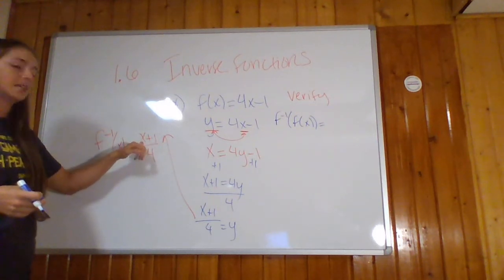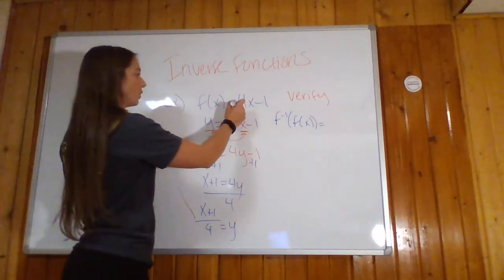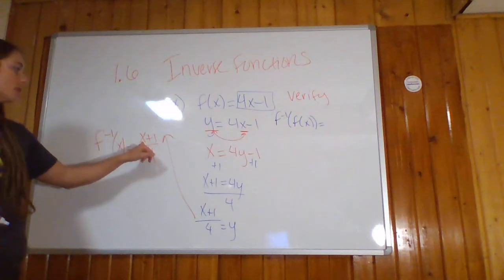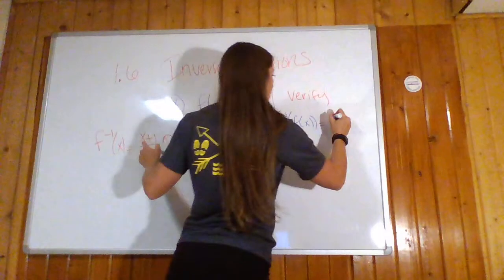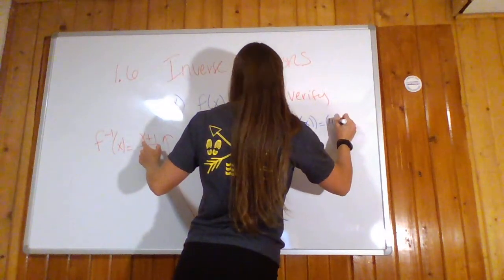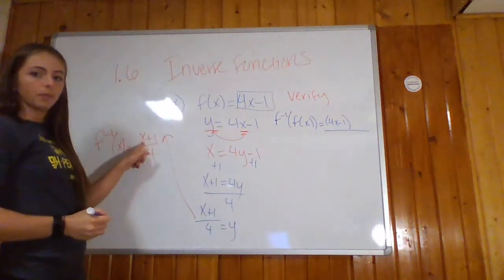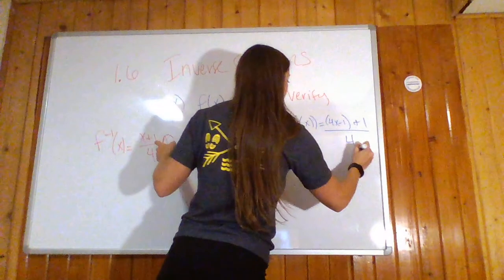Every place that I see an x in my original function, I'm going to replace with the entire other function. I'm replacing this x with 4x minus 1, but everything else stays the same, right? So now I have to continue adding on the 1 and dividing by 4.